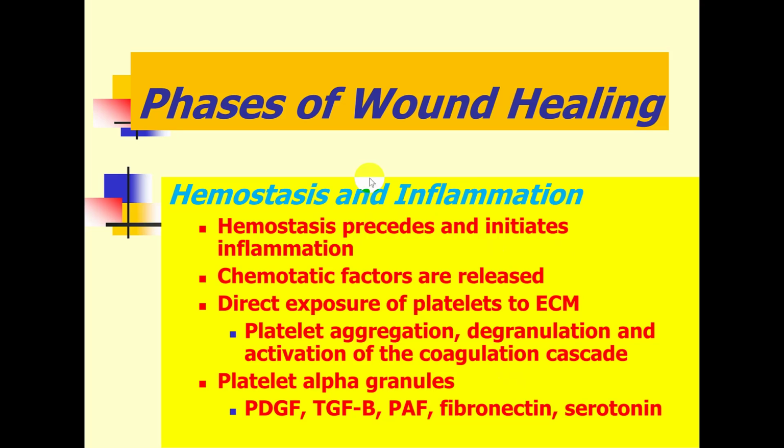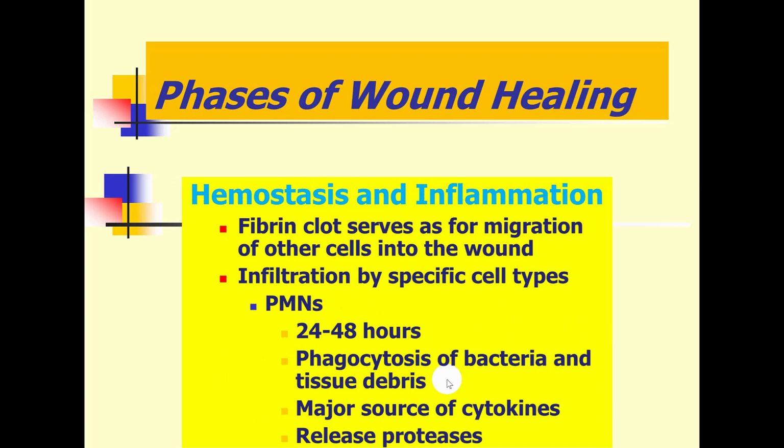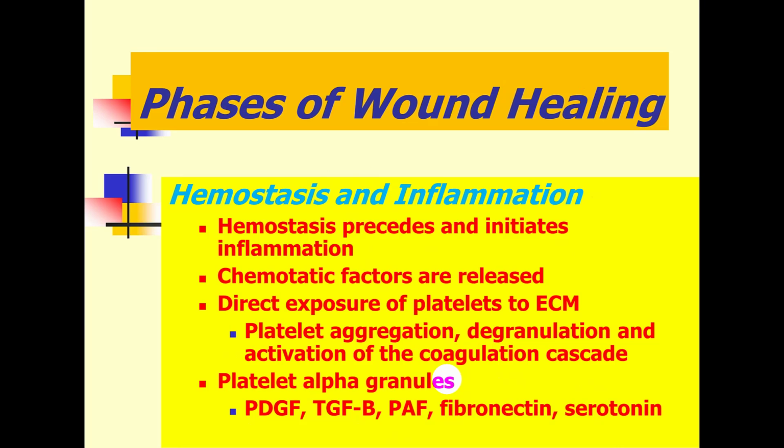Hemostasis and inflammation is the first phase, and this is the platelet activity, the release of the alpha granules from the platelets, including fibroblast and other tissue growth factors, transferring platelet growth factors, elements of the cytokines.